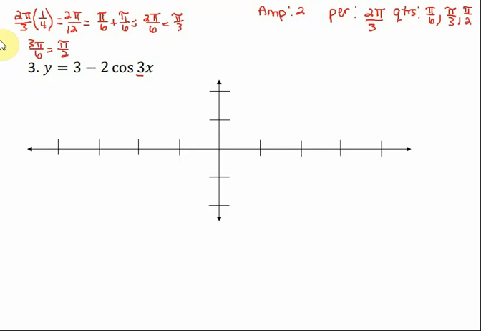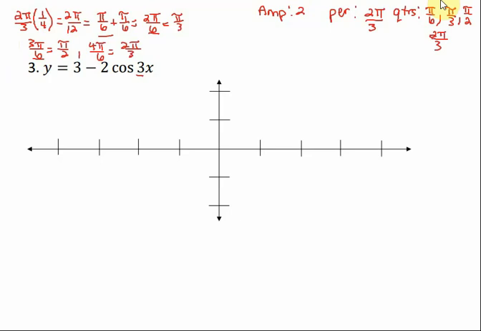All right, so we had 1 pi over 6, 2 pi over 6, this was 3 pi over 6, so then the next one would be 4 pi over 6, which would reduce to 2 pi over 3, which we said was our complete period, 2 pi over 3. So that's where our marks are going to be, or our quarters, our key points for our graph.